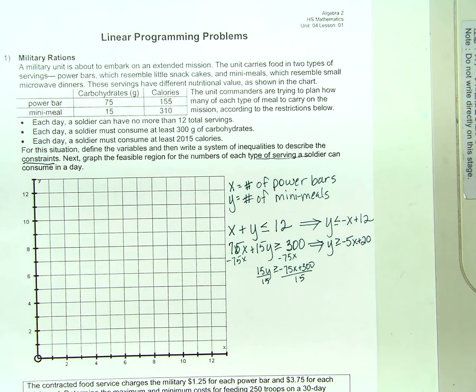Okay, is that all the constraints? Are we done? One more? How do you know there's one more? So there's always going to be 3? It could be different. How are you going to know when you're done? How are you going to know when you have them all? Does it say there's 3 constraints here?